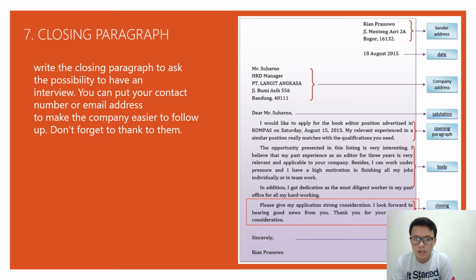So what you need to tell in the closing paragraph is to ask the company about the possibility of having an interview, where you can have the interview, and you can also put the contact number or email address to make it easier for the company to follow up, or to question, or to give another schedule of the interview, for example. And also don't forget to thank them, because it is very important to show your attitude and also your personality, right? Okay, let's see what Rian Pranowo wrote.